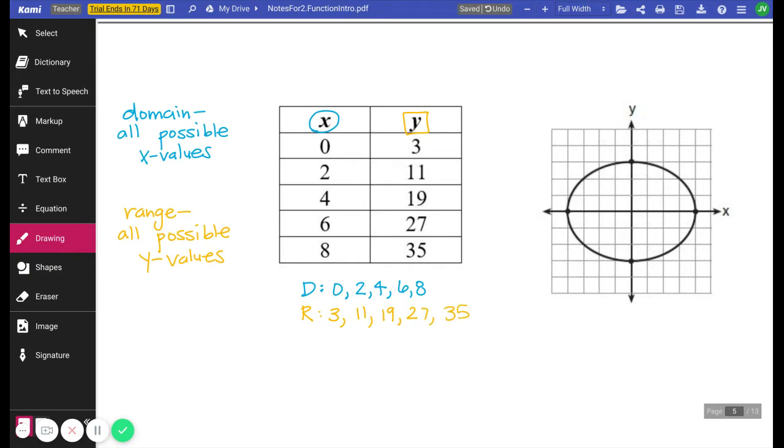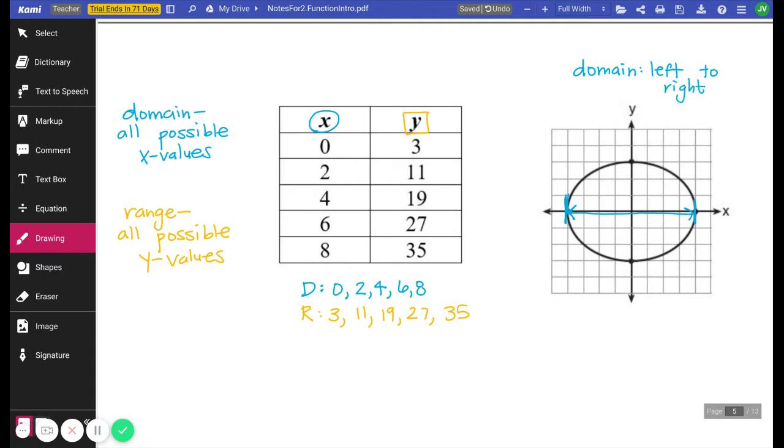As I come over here to the graph, this gets a little bit different. My domain is all my x's, so I need to look at the x-axis and work left all the way over to the right side of the graph. Okay? So in terms of the graph, the domain, I work left to right.